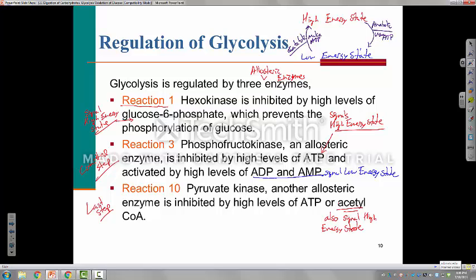So glycolysis is regulated at 3 steps, 3 irreversible allosteric enzymes. All 3 of them involve ATP. The first reaction and the third reaction are in the energy investment stage, the first part of glycolysis, and then the last reaction is when the carbons of glucose leave the pathway in the form of pyruvate. 3 regulated by 3 allosteric and irreversible enzymes.